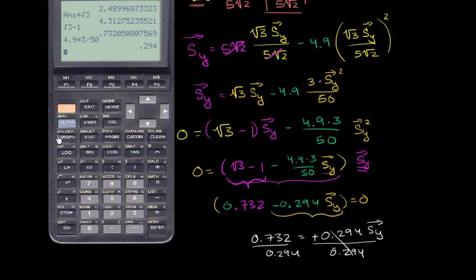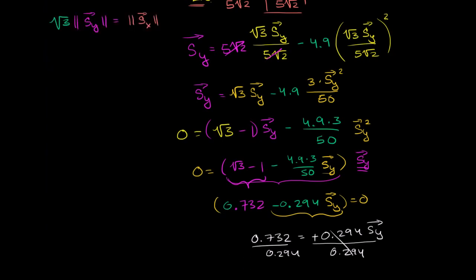So, a drum roll might be in order. We have 0.732, and all of this business, but I'll just round it there, divided by 0.294 gives us a vertical displacement of, if we round, 2.50 meters, or 2.49 meters, I should say.